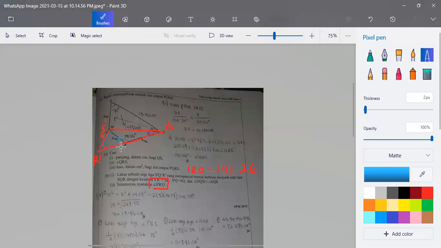And we can find the angle here by taking 180 minus 141.26. And so since this is an isosceles triangle, the angle here will be equal to the angle here. So the value for that angle should be 180 minus 141.26. So it should be 38.74.